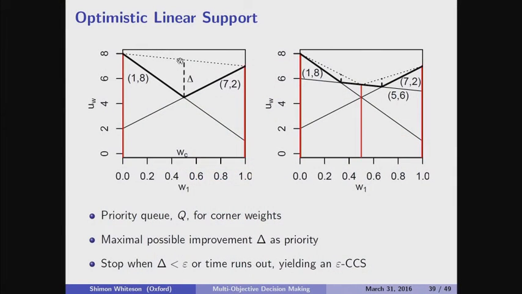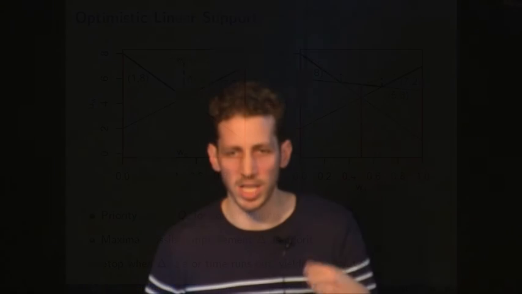The difference between the value of this vector and the corner point at the given weight is this delta. This is the maximum possible improvement, the most that our solution could improve by processing that weight. So that's our priority, this delta.